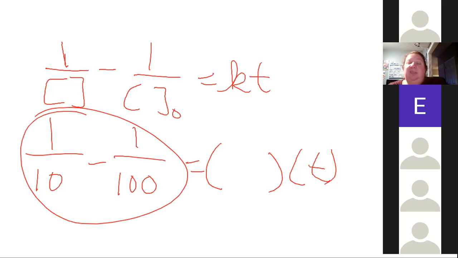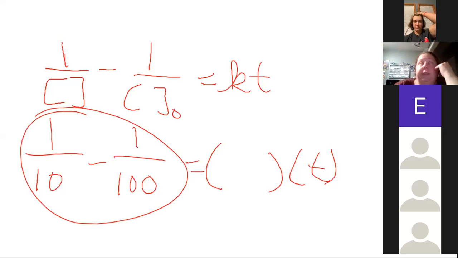But that's extra work. If they didn't say 90% disappeared, if they said, you know, how long would it take to get to a concentration of 1 times 10 to the negative 6th, then we could just plug that value in for our final concentration.